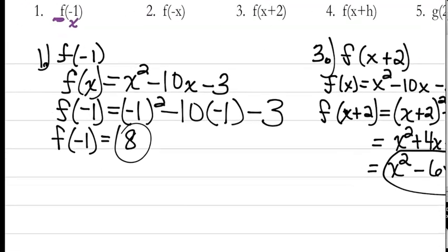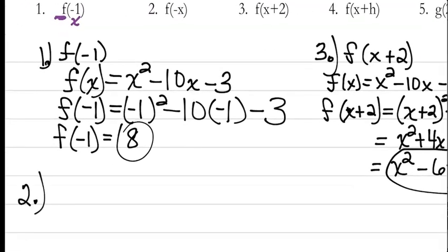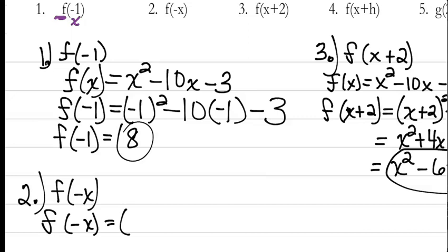Now let's cycle back over to number 2. For number 2, we have f of negative x. So this time when I write down the f function, wherever the x was, I'm going to put negative x. So I wrote it down with my parentheses, and in the parentheses I put a negative x.